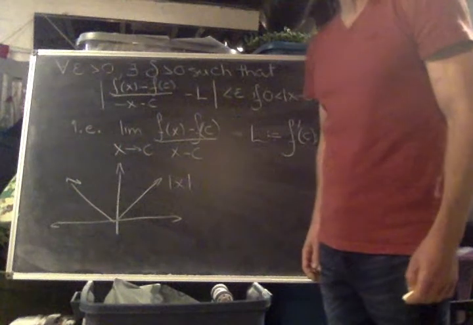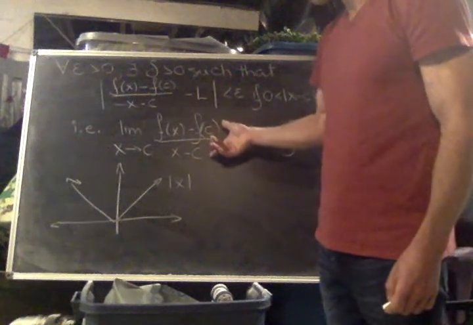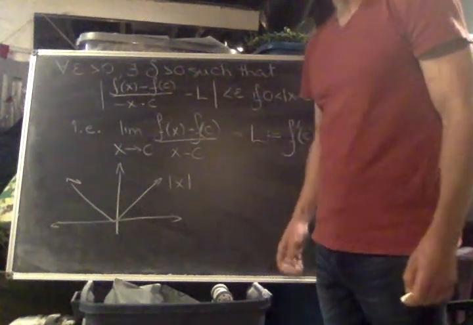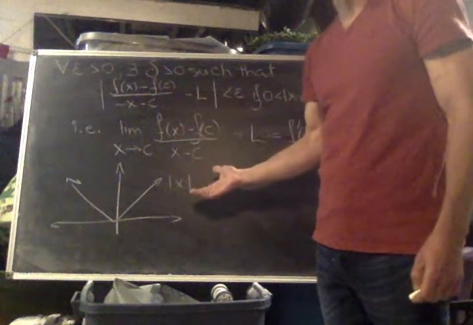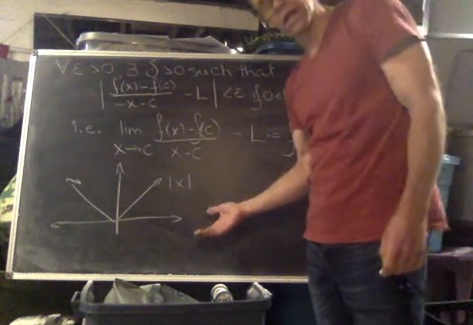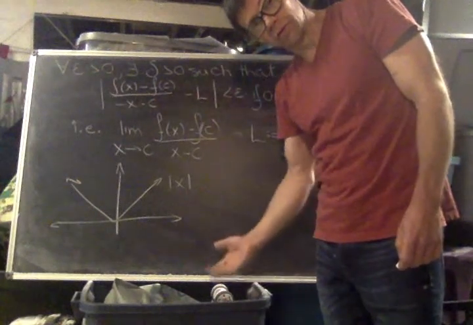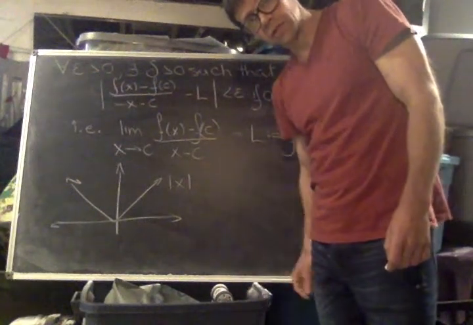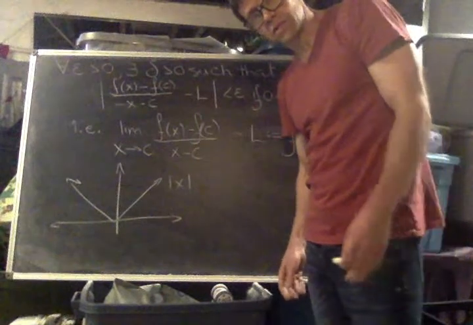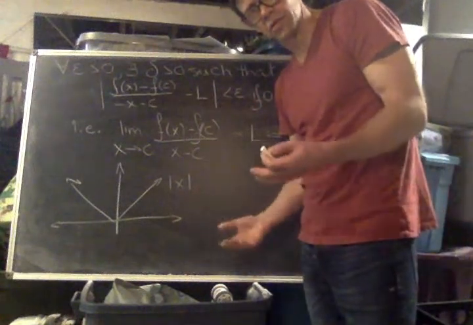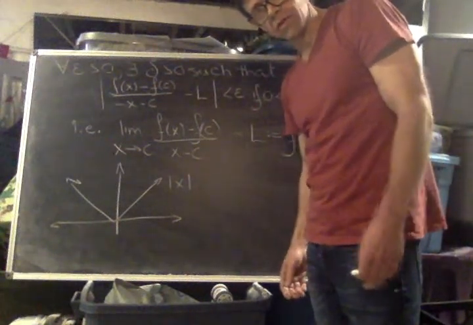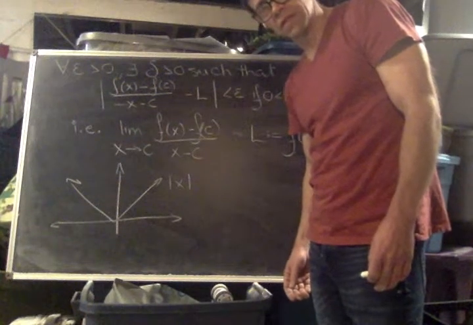So if you try to compute this limit here, when c is equal to 0 for the absolute value function, you will find that the limits from the left and the right, while they both exist, are not equal, and therefore the overall limit doesn't exist, and therefore the derivative doesn't exist, which, together with the interpretation of the derivative as the slope of the tangent line, makes a lot of sense.